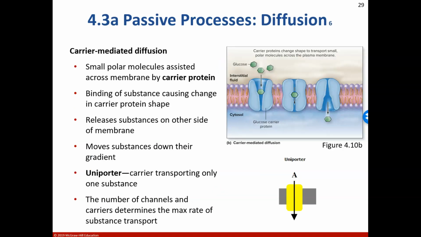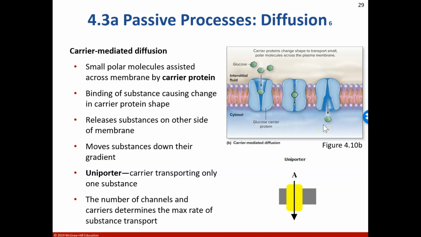Now let's talk about carrier-mediated diffusion. This is when we have small polar molecules that need assistance moving across the plasma membrane, and it does that through a carrier protein. We have the binding of our substance, in this case glucose, to our carrier protein, and we are going to release the substance on the other side of the membrane.